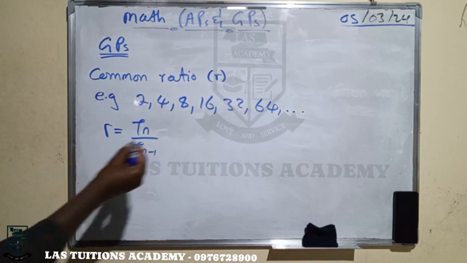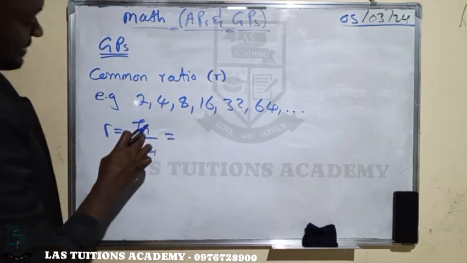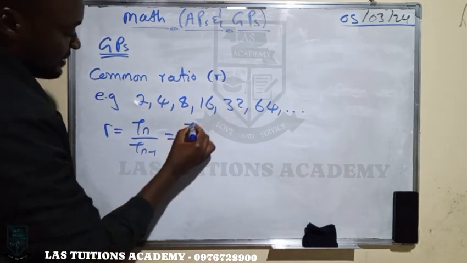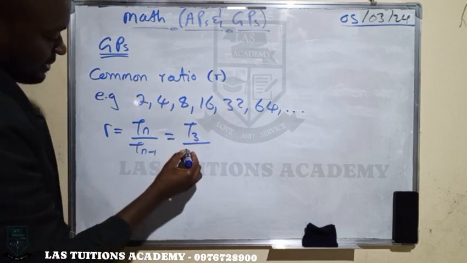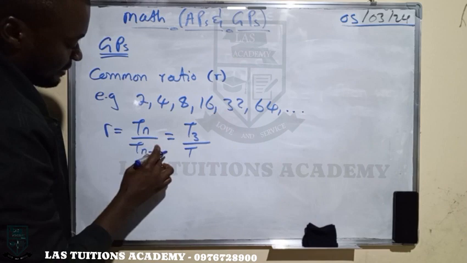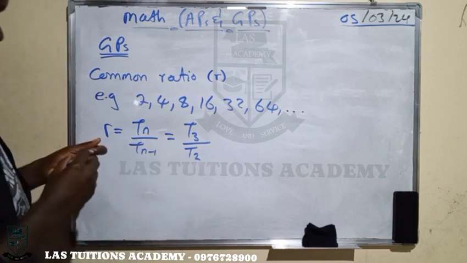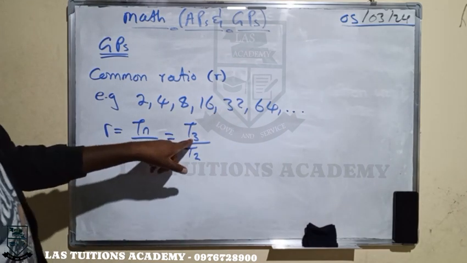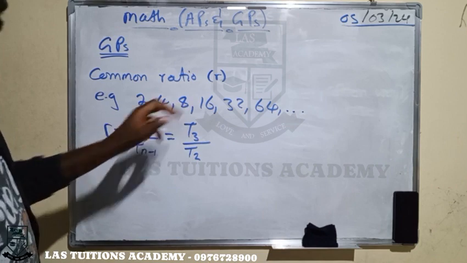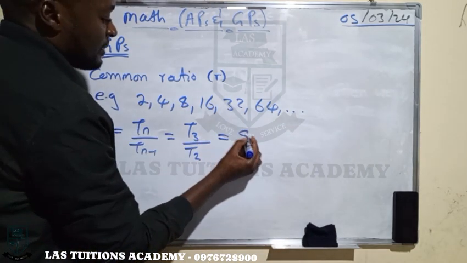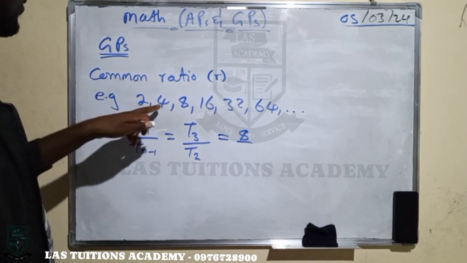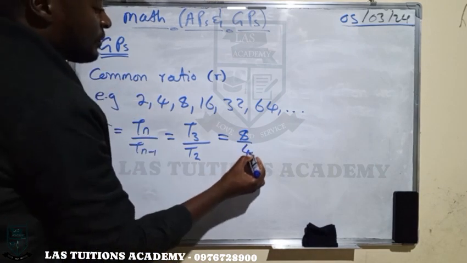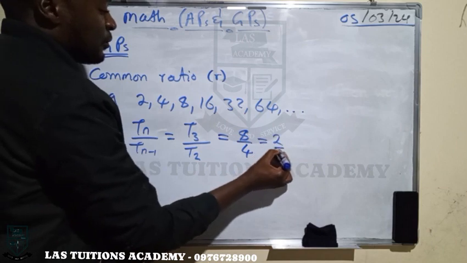What do I mean? If n is 3, we are simply saying T3 over 3 minus 1, which is 2. So if you have the third term, which is 8, over the second term, which is 4, so 8 over 4, which gives us 2.